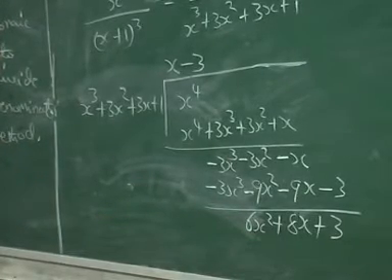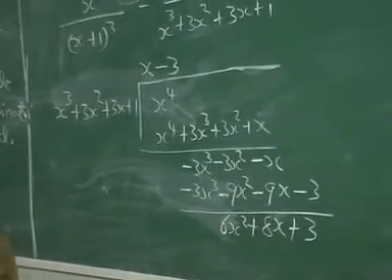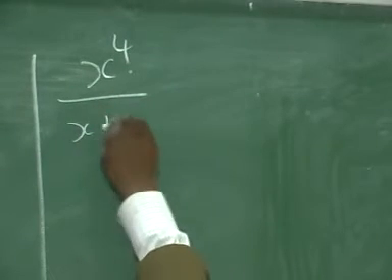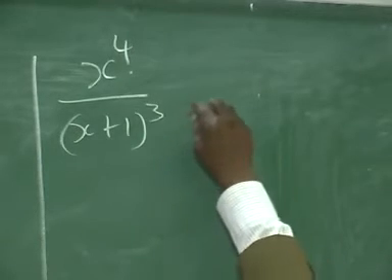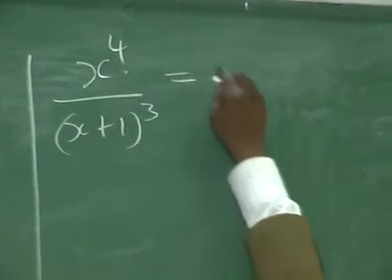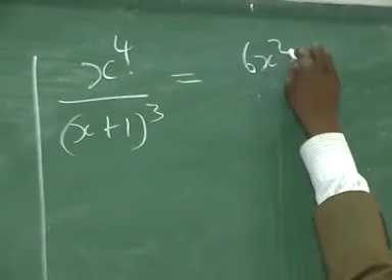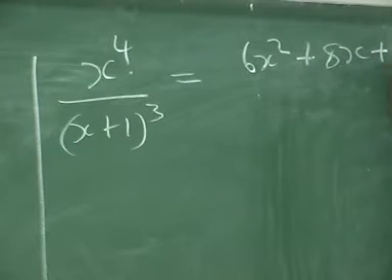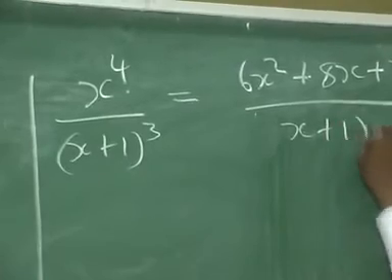So what we now have is x raised to the power 4 all over (x plus 1) cubed, which is the same as x minus 3 plus 6x squared plus 8x plus 3 all over (x plus 1) cubed.